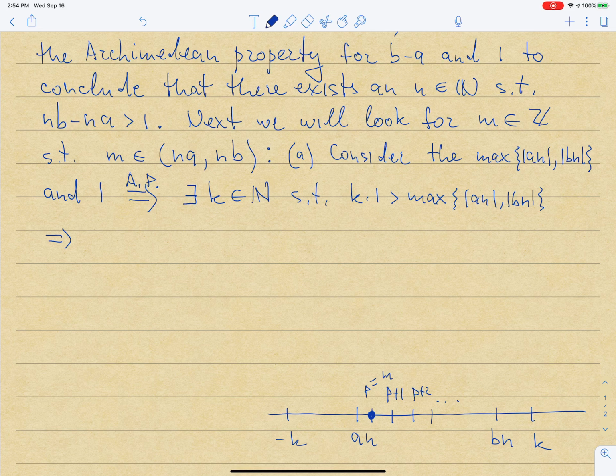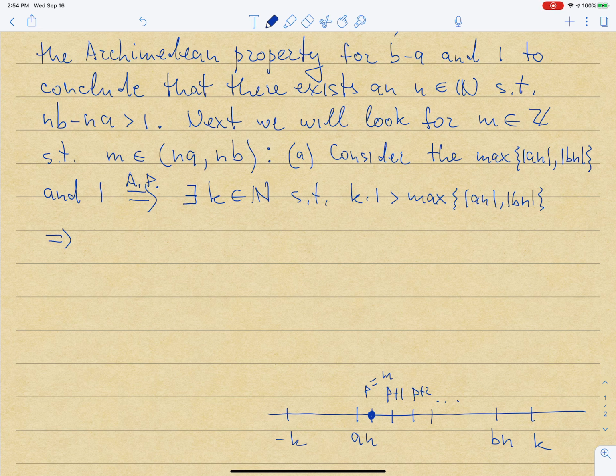what can we say about the maximum of an and bn, actually of absolute values? We don't know which one is bigger, which one is smaller, but we do know, right? Because an, for example, might be negative, but in absolute value less than bn.